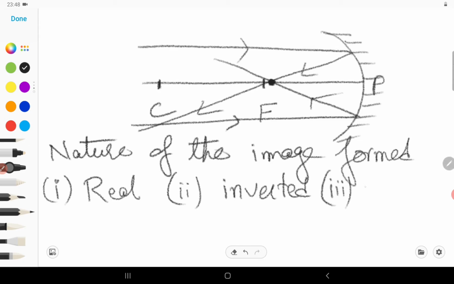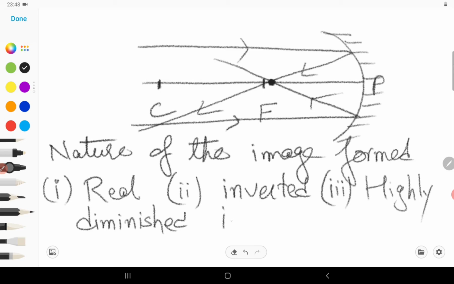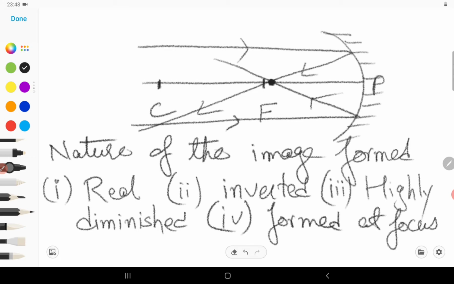Size is highly diminished, very small. And number four, position: formed at focus. So I hope you have understood this particular first case when the object is at infinity.